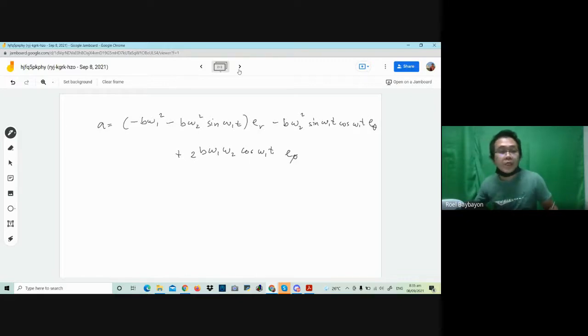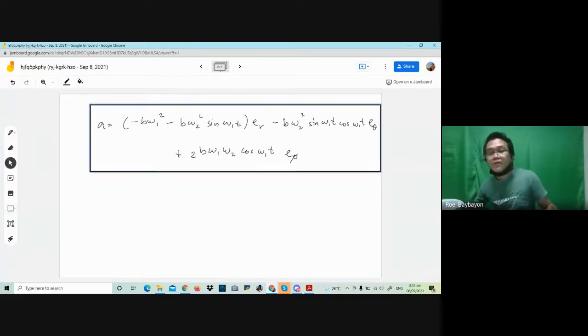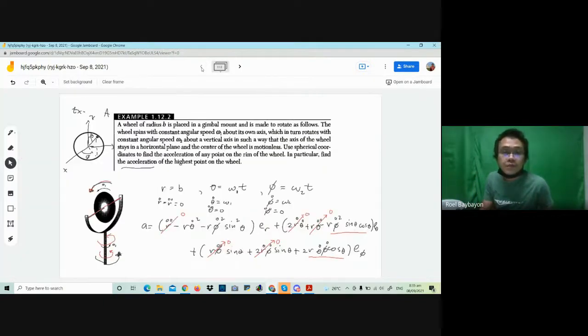So this is basically the acceleration of that wheel. This is the general acceleration, but the problem is actually calculating the acceleration of the highest point on the wheel.